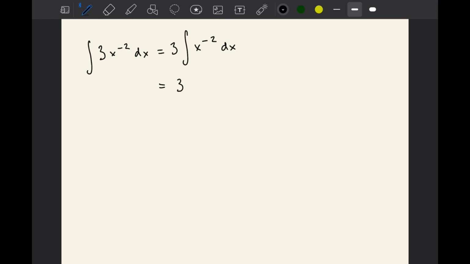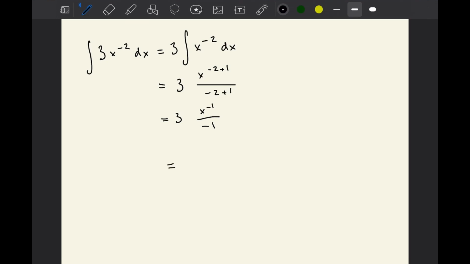So what did we say? It's going to be 3 times x to the power of -2 plus 1 over -2 plus 1. That's going to give us 3 times x to the power of -1 over -1.